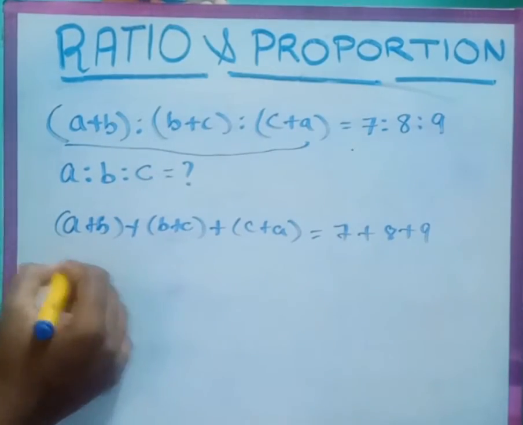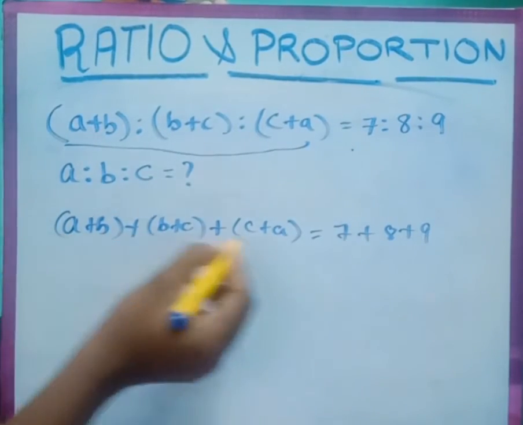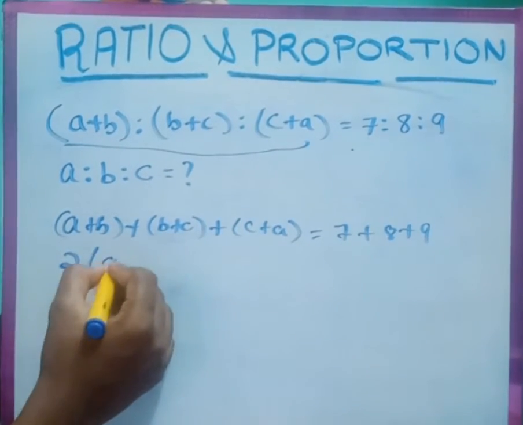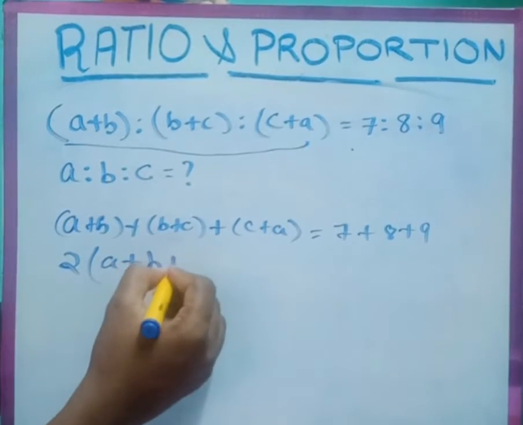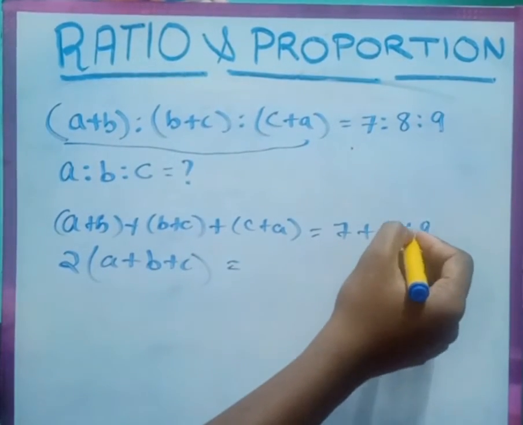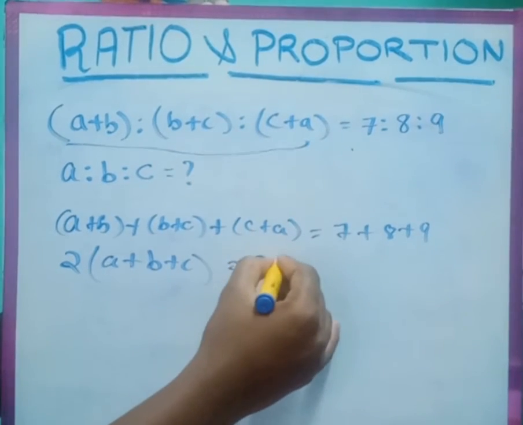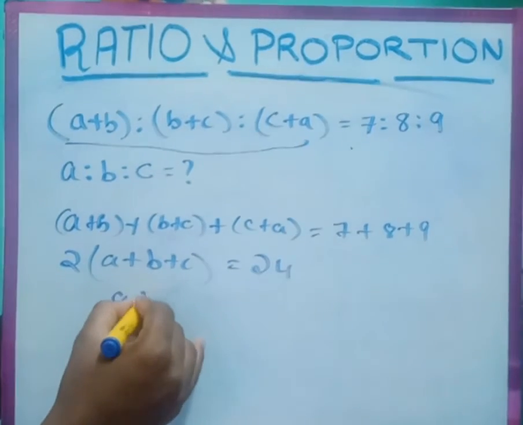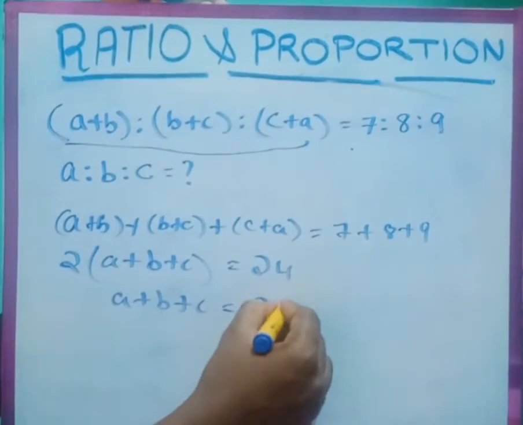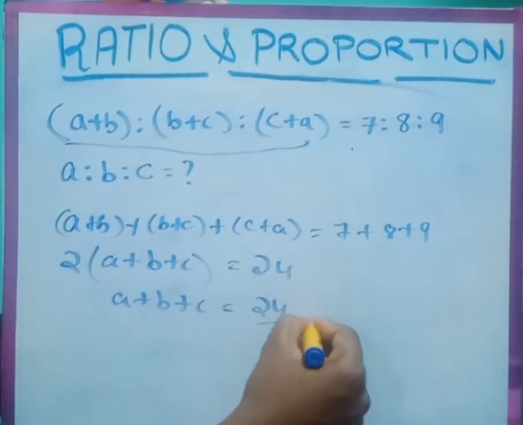So here if we solve this, what will we get? We have 2a, 2b, 2c, so we can take 2 as common: 2 times a plus b plus c. Here 9 plus 8 is 17, 17 plus 7 is 24, so a plus b plus c is equal to 24 by 2 equals 12.